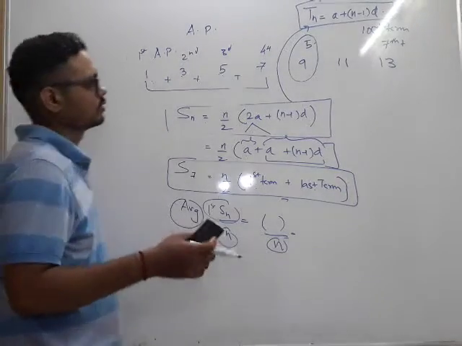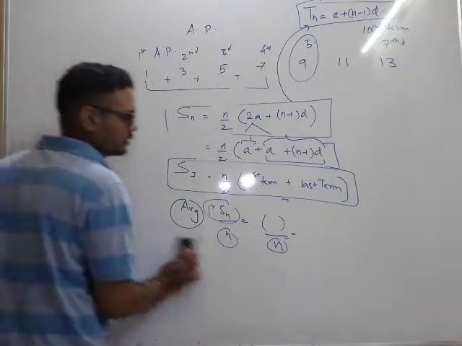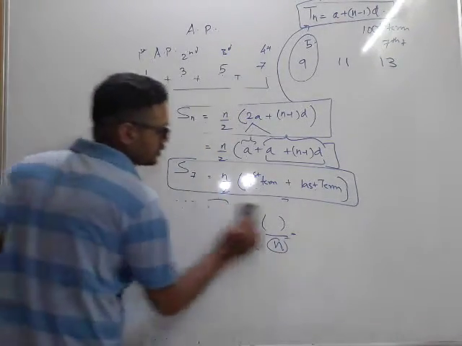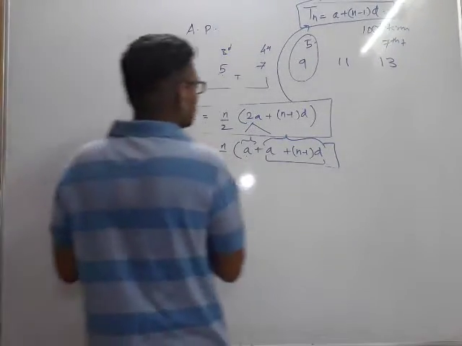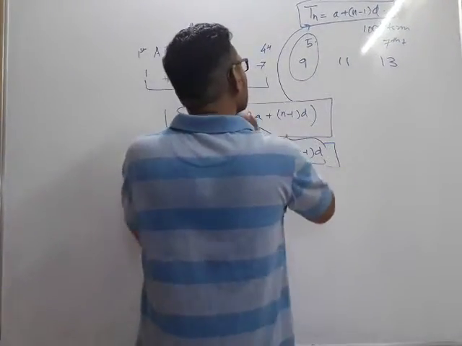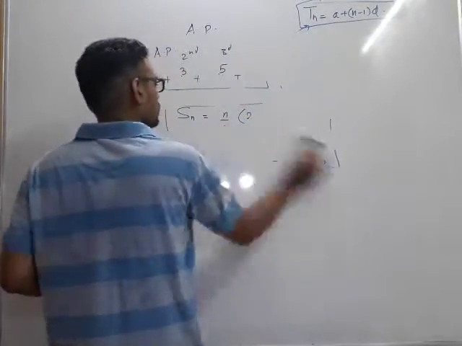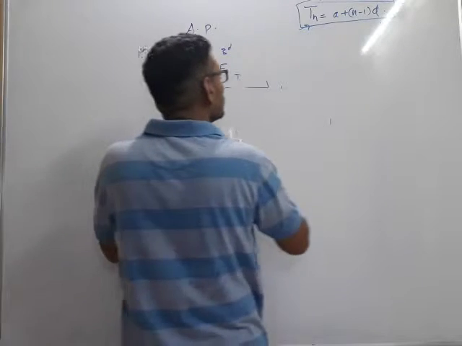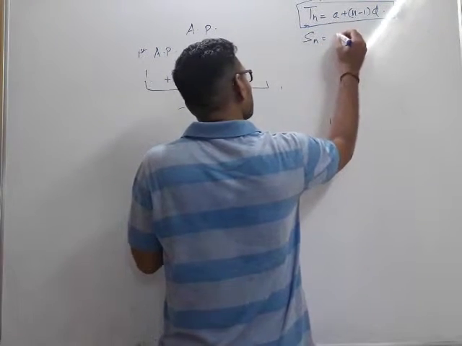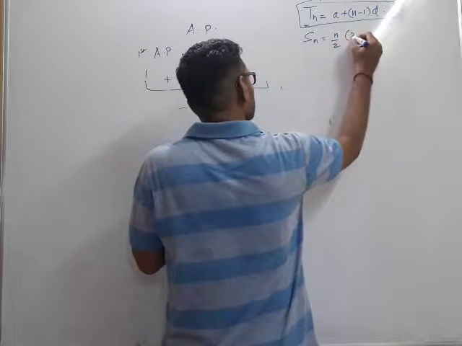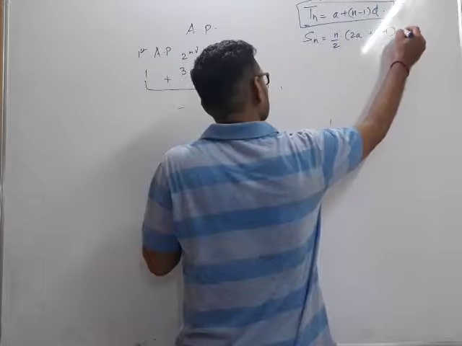One more, which I would explain, in an arithmetic progression. The sum of n terms is n by 2, 2a plus n minus 1 into d.